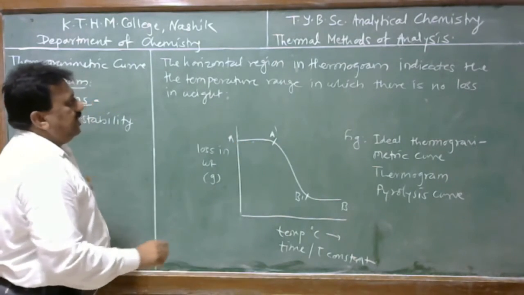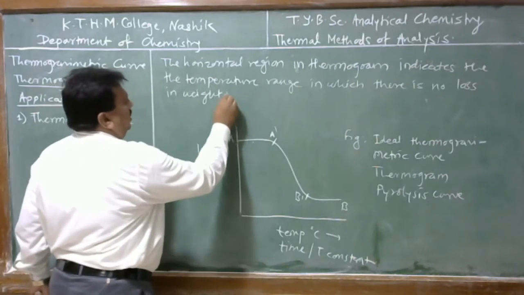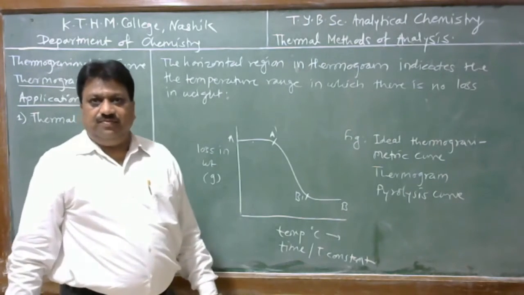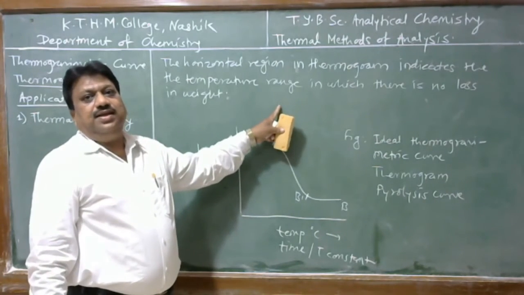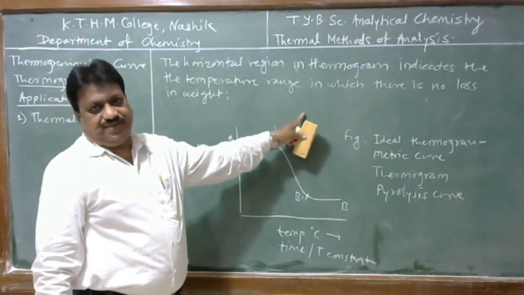That indicates the temperature range in which the compound is stable. That means that is a temperature range in which there is stability of the substance.